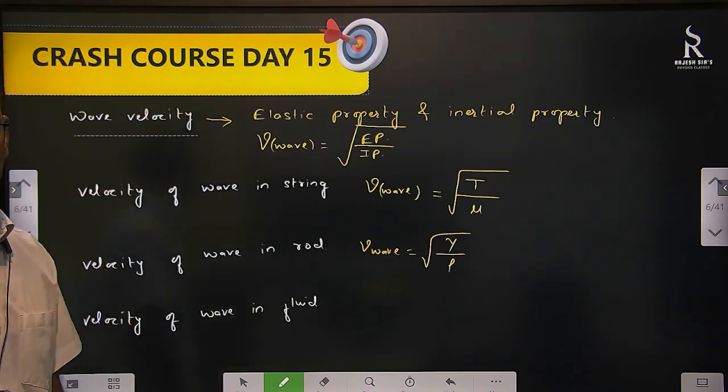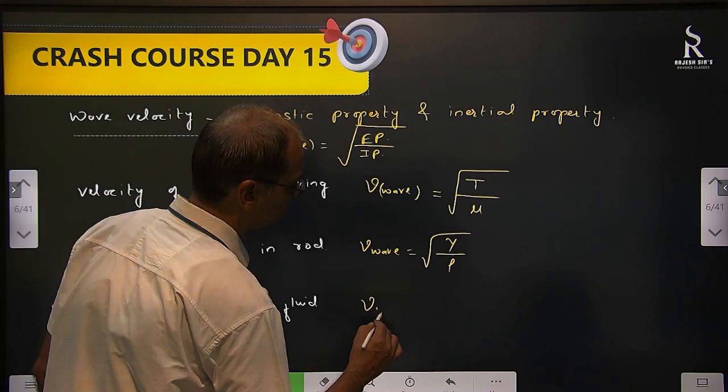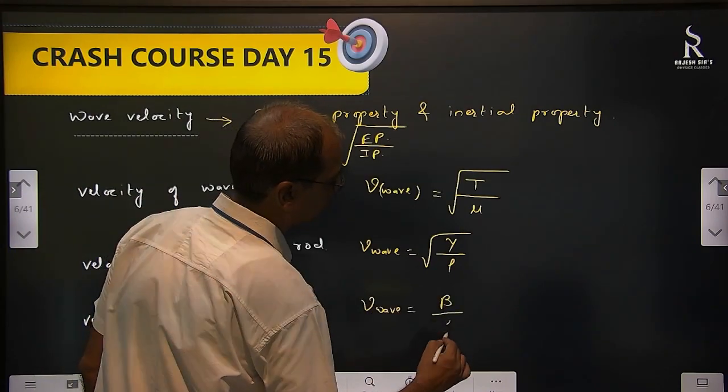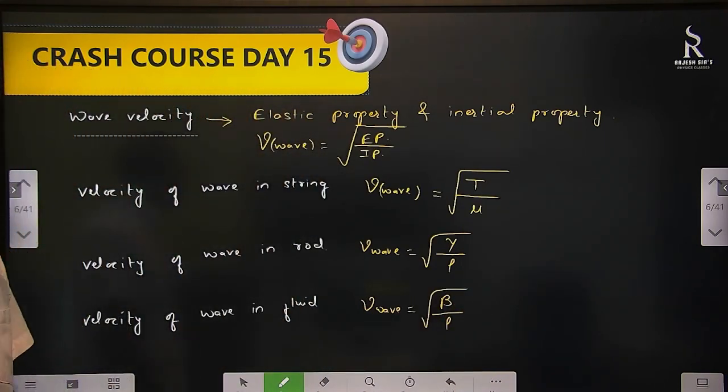Young's modulus. In fluids, which modulus of elasticity? Beta. Beta means bulk modulus. So then the formula becomes root over beta by rho. So in a string root over T by mu, in a rod root over Y by rho, and in a fluid it is root over beta by rho.